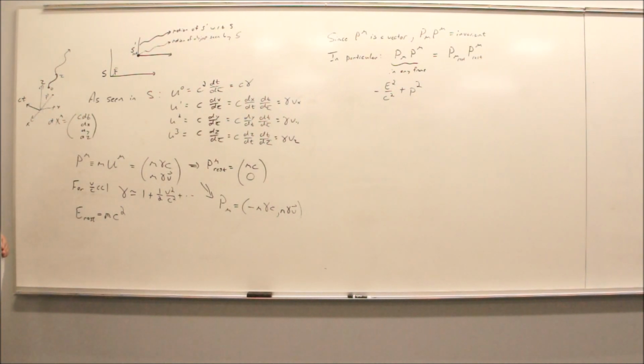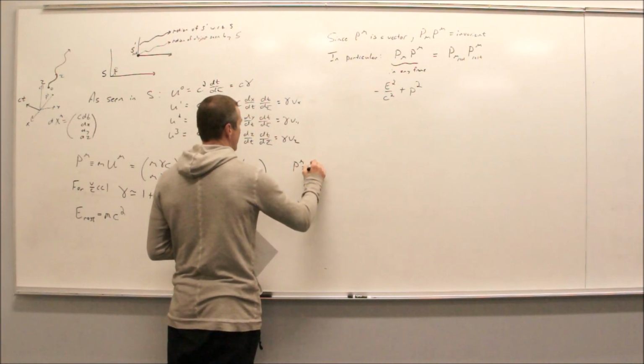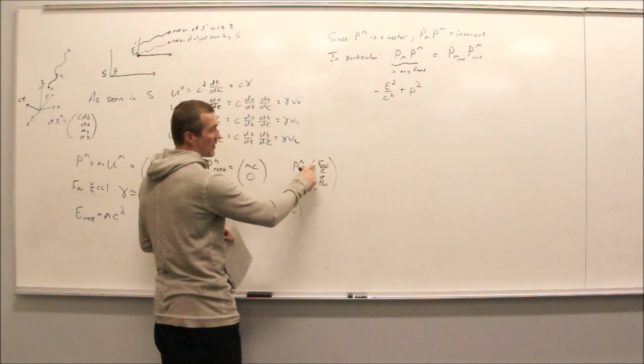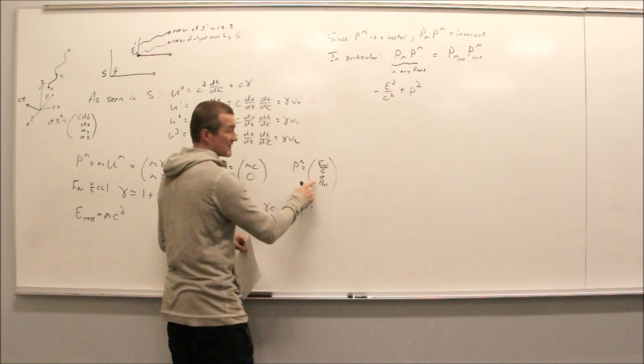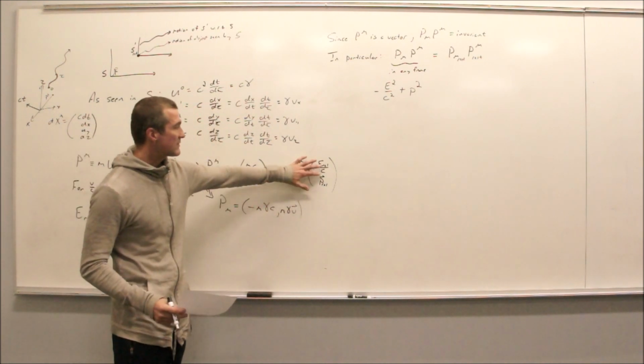And remember, P mu I'm defining as E relativistic over C, P relativistic. And now I'm just going to call this E and P. So this E and this P are the relativistic ones. I'm just not going to write relativistic labeling anymore.